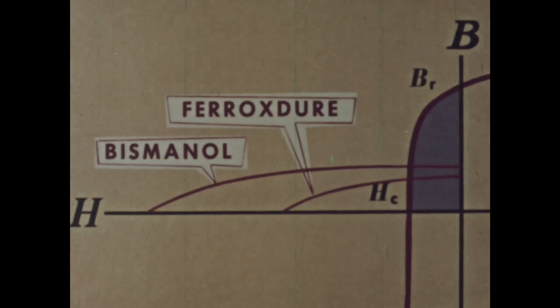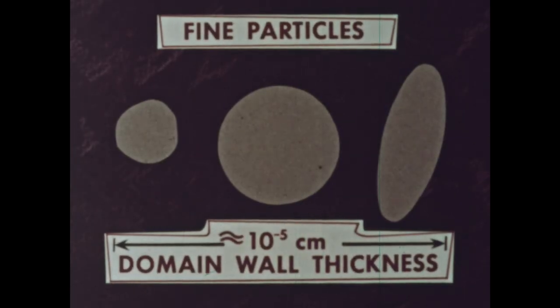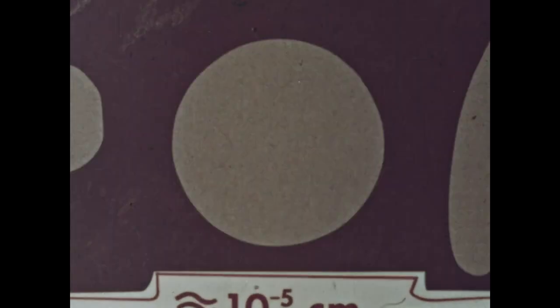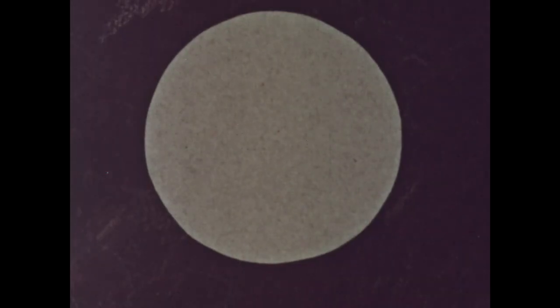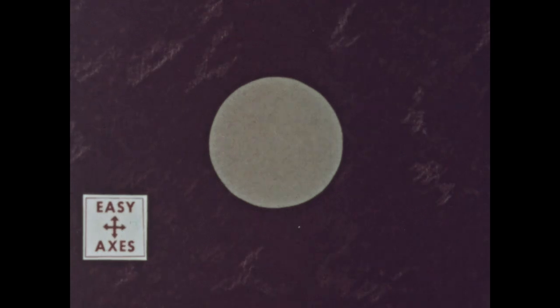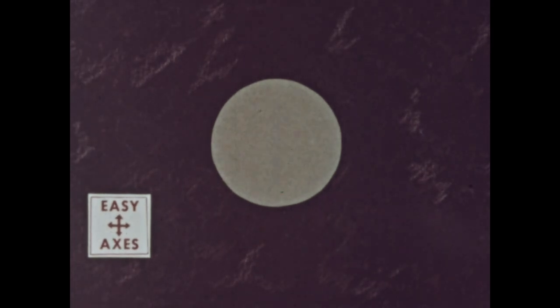Alnico 5, Ferroxdure, and Bismanol are good permanent magnet materials because they are composed of fine particles whose dimensions are less than the thickness of a domain wall. Such a small particle has a minimum energy in the saturated condition, even though this gives rise to magnetostatic energy.